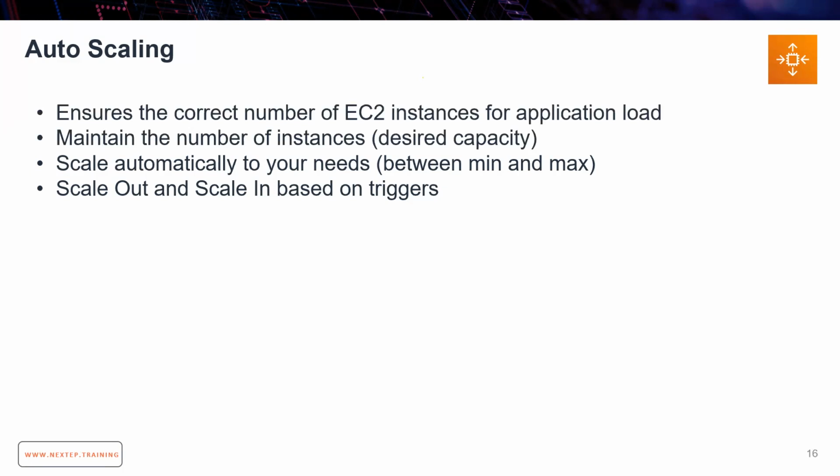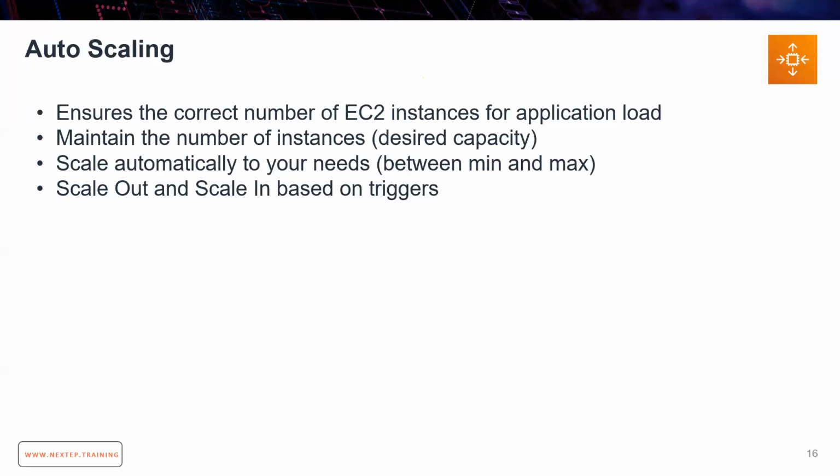You can create a CloudWatch alarm that, when my EC2 instances' CPU utilization goes above 80%, then I need to add a new EC2 instance. You can definitely do that. Or if the number of requests it's taking is more than 20, then add one more.